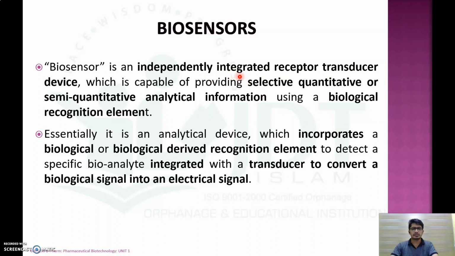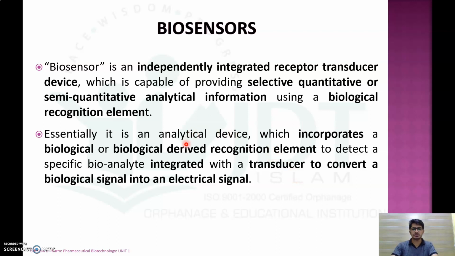A biosensor is an independently integrated receptor transducer device which is capable of providing selective, quantitative or semi-quantitative analytical information using biological recognition elements. So these are devices which will analyze biological variations and convert them into an electrical signal by using transducers.